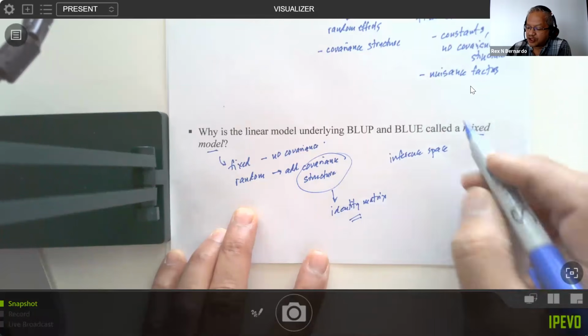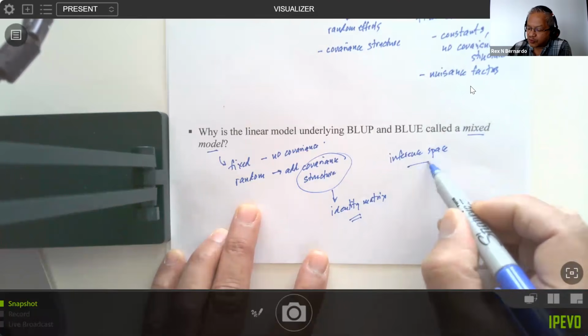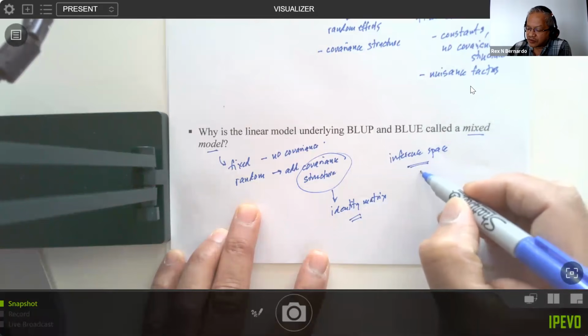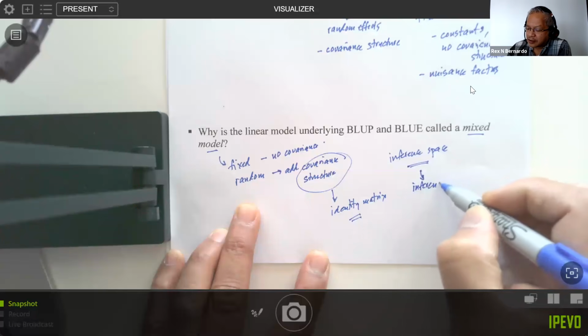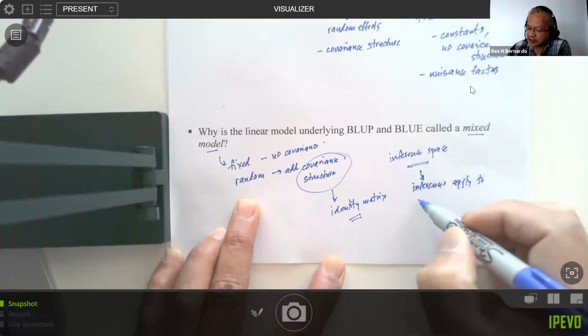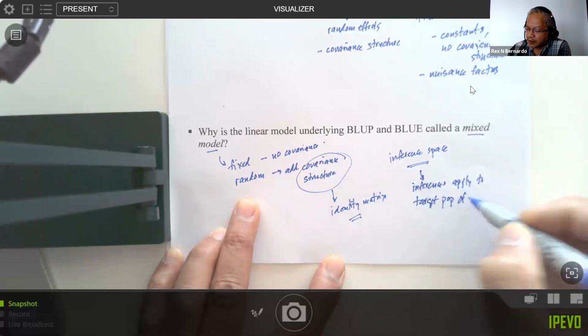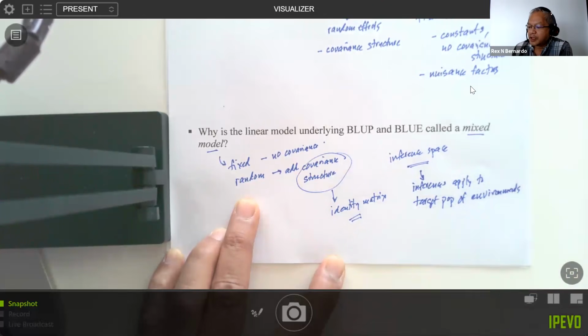So the random environments assumption has to do more with the inference space. If we have random environments, we're saying that the inferences apply to the target population of environments, rather than only to those environments that were sampled.